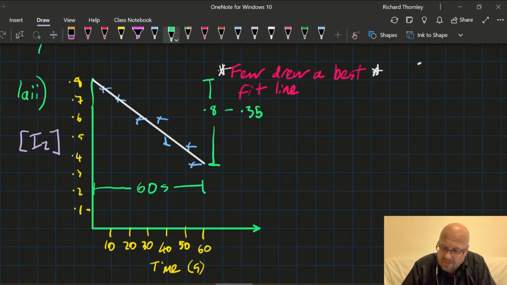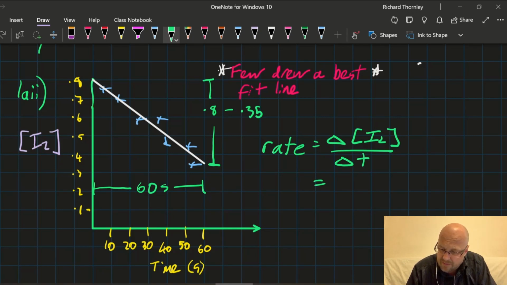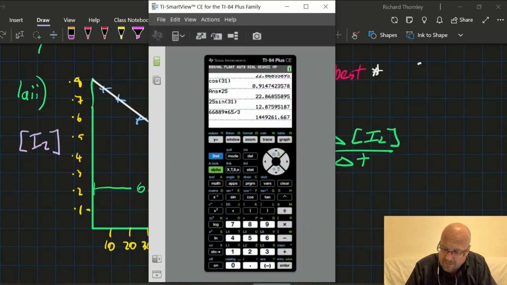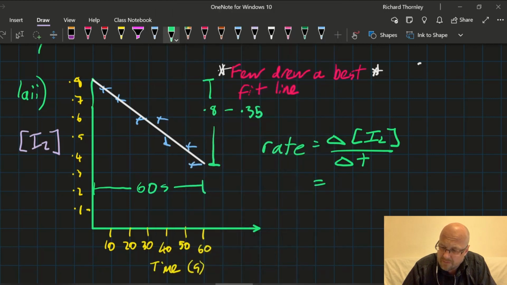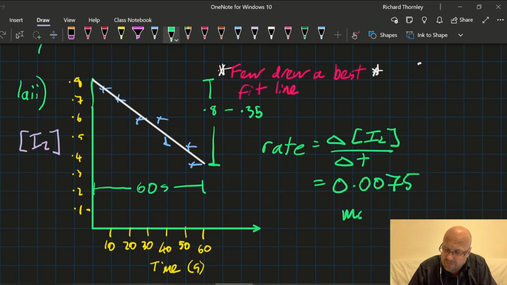So the rate is the change in concentration of iodine over the change in time, which is 0.8. So 0.0075. And that's going to be moles per decimeter cubed per second.